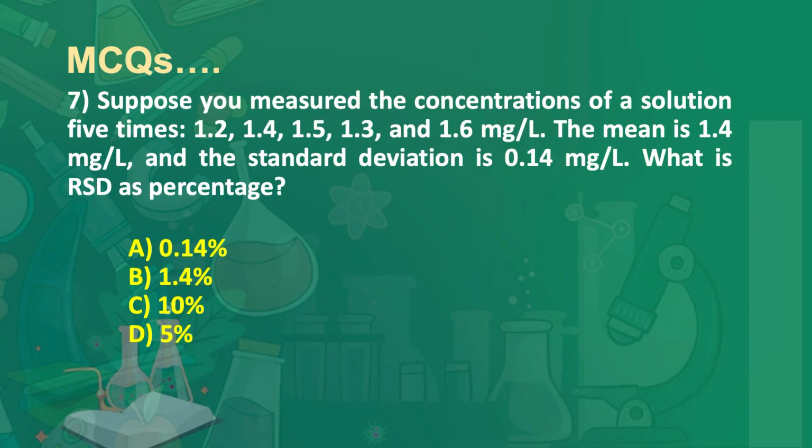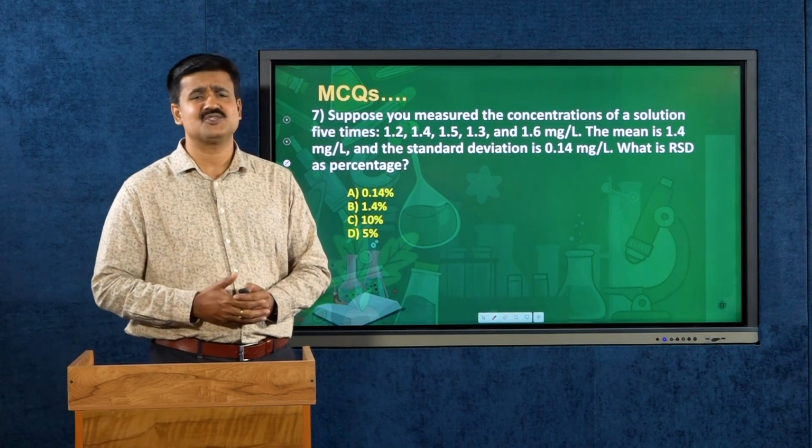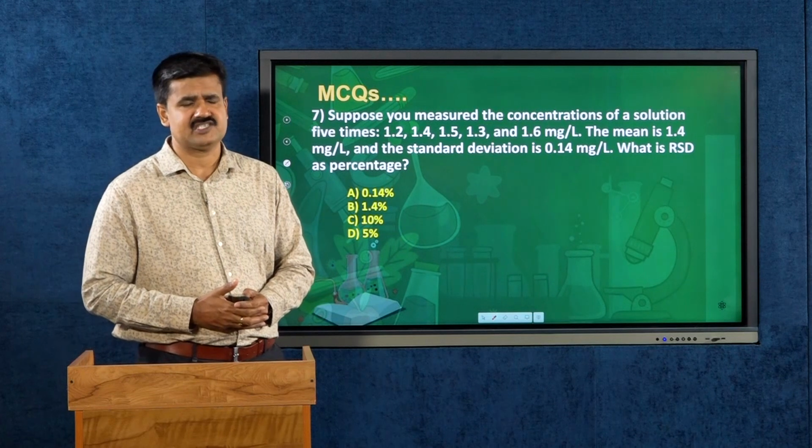Suppose you measured the concentration of a solution 5 times. The obtained data are here: 1.2, 1.4, 1.5, 1.3 and 1.6 milligram per liter. The mean value is also provided, it is equal to 1.4, and the standard deviation is 0.14 milligram per ml. What is the relative standard deviation as a percentage? When relative standard deviation is expressed as a percentage, you can call it the coefficient of variation.